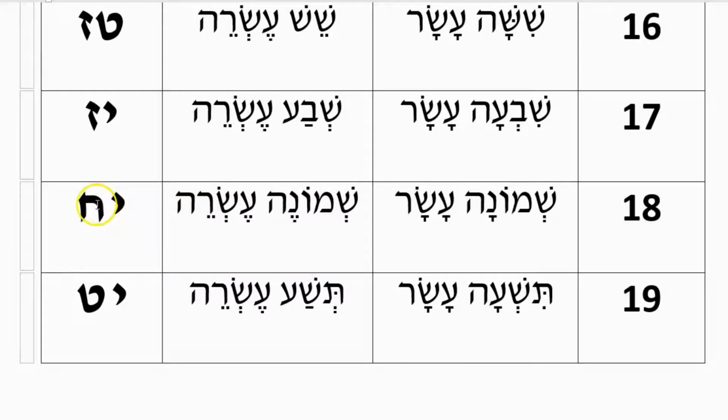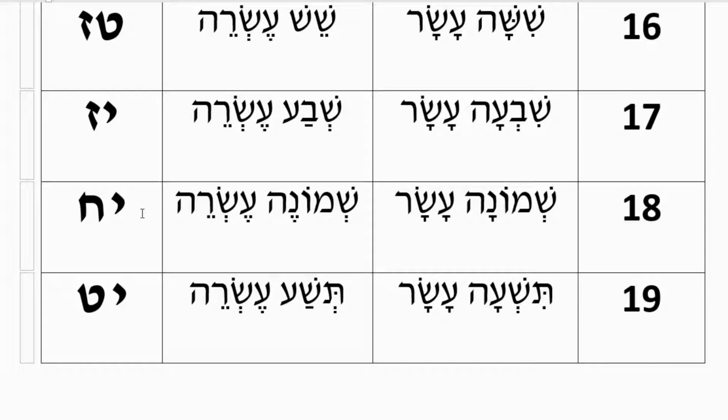Yud 10, Chet 8. Sometimes you will see that Jews, if there is a lucky number in Hebrew, it is the number 18. Frequently, when Jews give charity, it's common practice to give it in increments of 18, 36, and so forth.